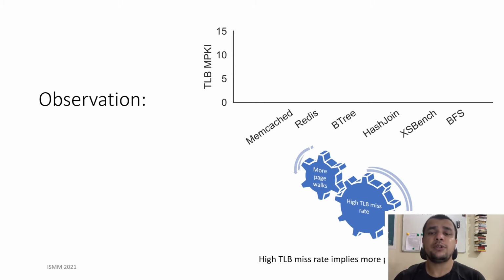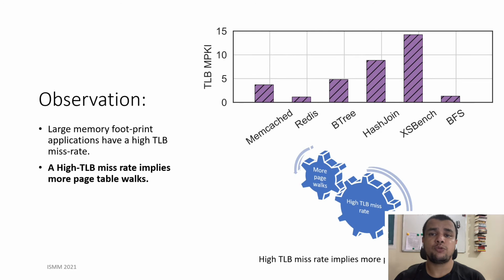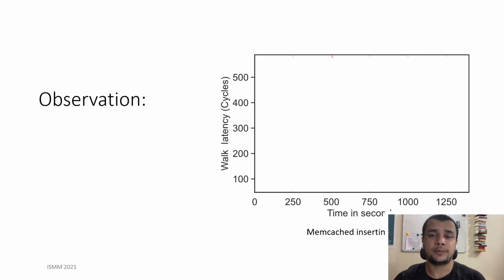The size of a TLB is small and does not provide much coverage in terms of amount of memory access. Hence, for large memory applications the TLB miss rate will be high, and consequently the number of page walks required is also high.